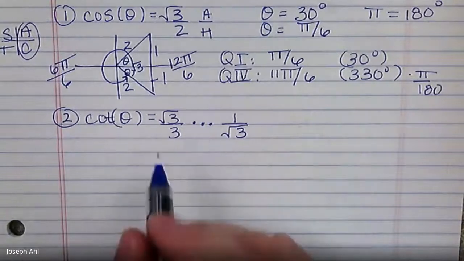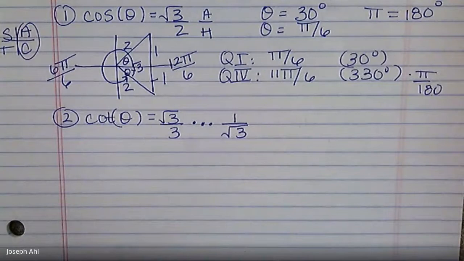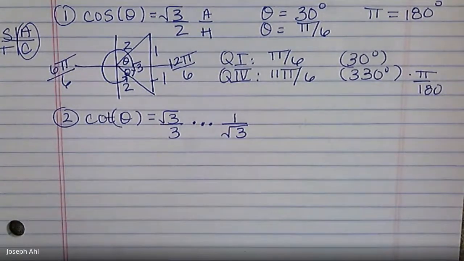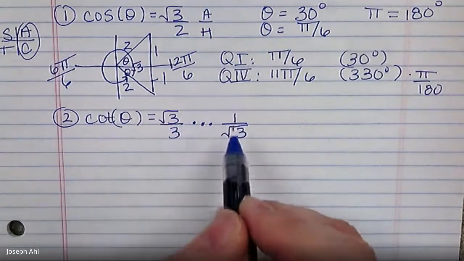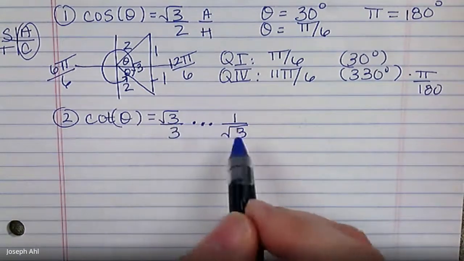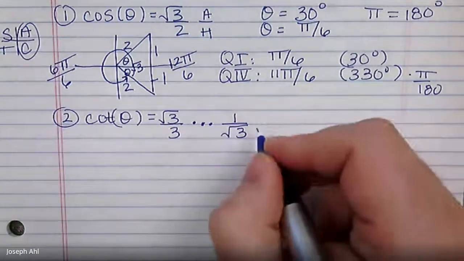And that's going to really help because I'm telling you right now, we don't have a triangle who has a side length of 3. If you think about the two special triangles, none of them have a 3 on one of the sides. And the reason why we get this ratio here then is because it used to look like this, 1 over radical 3, and then it got rationalized. So to make my job easier for number 2, I'm going to write it as 1 over radical 3.